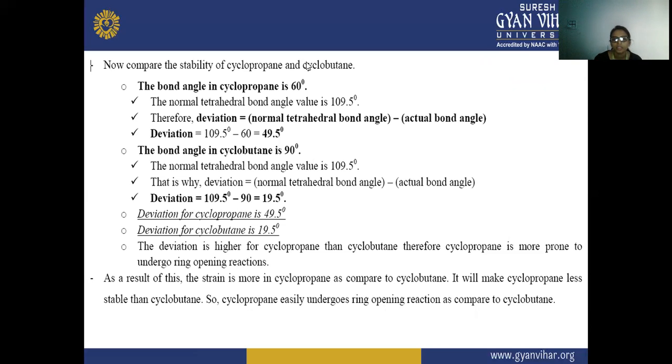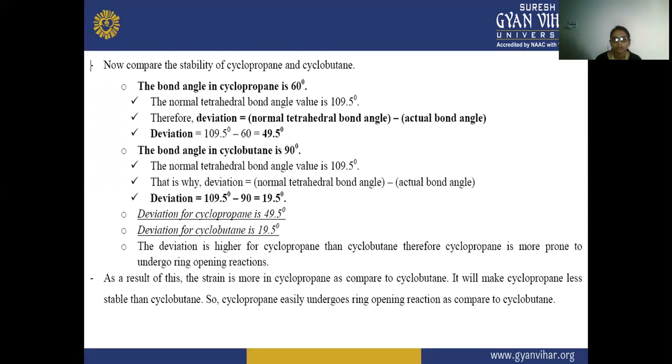The bond angle in cyclobutane is 90 degrees, and the normal tetrahedral bond angle value is 109.5 degrees. So the deviation equals the normal tetrahedral bond angle minus the actual bond angle, which is 109.5 degrees minus 90 degrees, equal to 19.5 degrees.